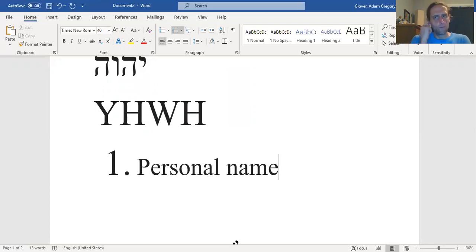So this won't perhaps be difficult to grasp, but among observant Jews, in observant Jewish practice, the name of God that is expressed by the Tetragrammaton is generally not pronounced out loud. So if you go to an observant Jewish synagogue and they're reading the text in Hebrew, when the rabbi comes to a portion of the text where the Tetragrammaton appears, it will generally be substituted for one of the other generic names of God.